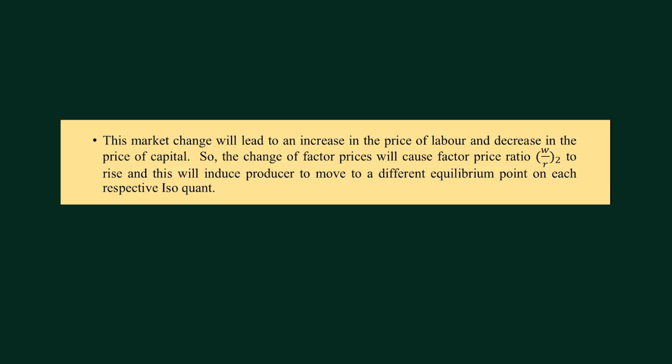A triggering of demand for labor in country 1 will put pressure on wages in country 1 relative to returns of capital, that is R, assuming that there is a fixed supply of the factors in the country. The market change will lead to a rise in the price of labor and a decrease in the return of capital, which in turn will increase the wage rental ratio in country 1.